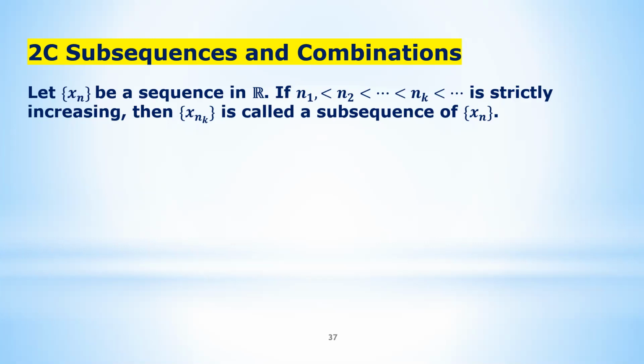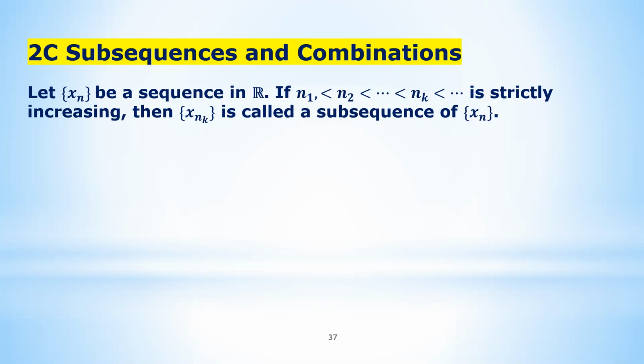The corresponding term is now written x nk, indicating that x nk is no longer the entire sequence anymore. It's a subsequence because the index is going from n1 to n2 to nk. You can think about some examples like this. But it is very important to indicate that in this case, x nk is a new sequence.